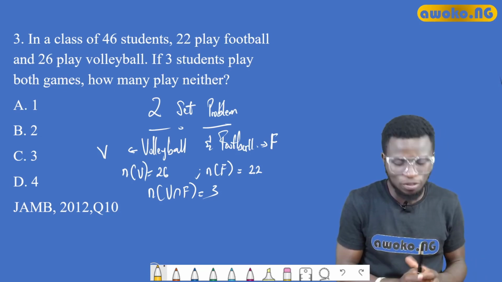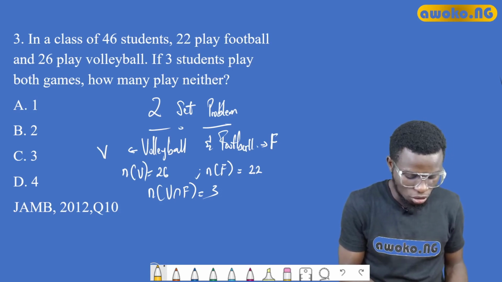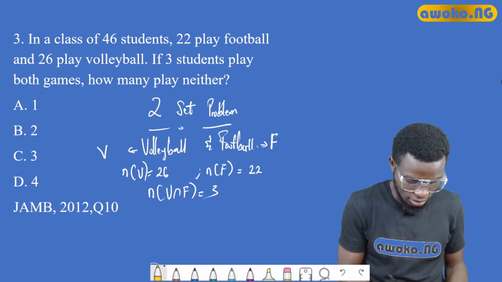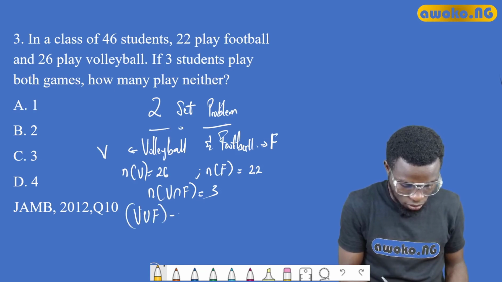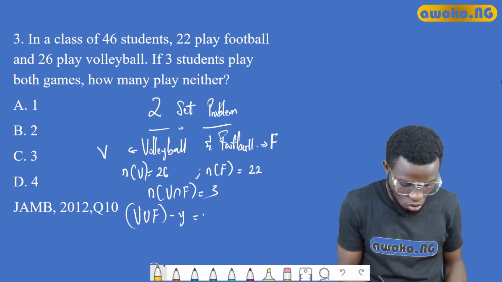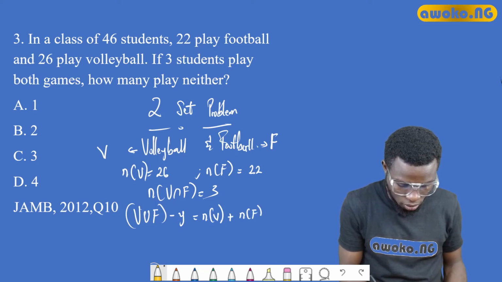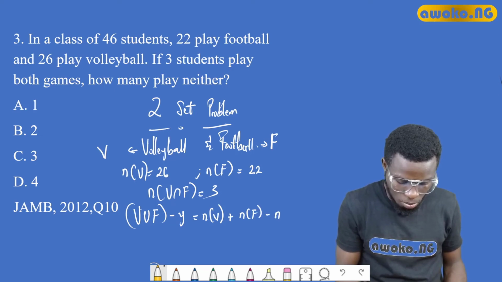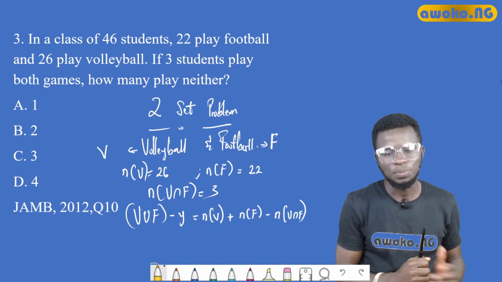So we have to use the formula method. The union of a particular set, in this case V union F, equals the number of volleyball plus the number of football, minus the number of volleyball intersection football.